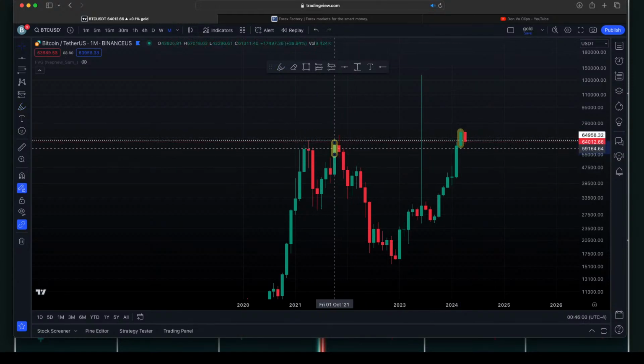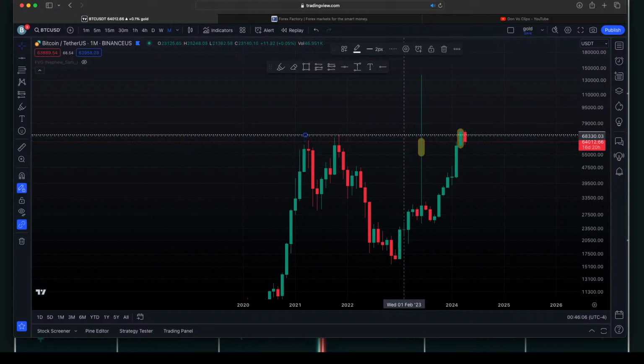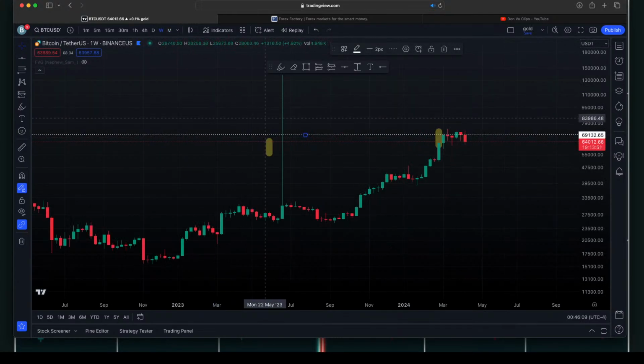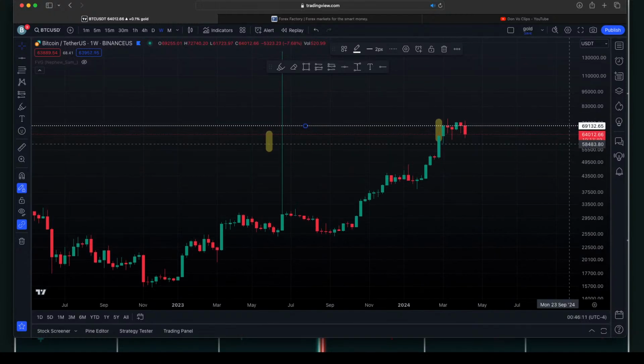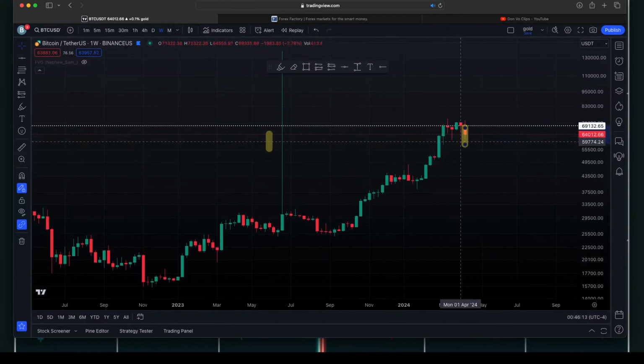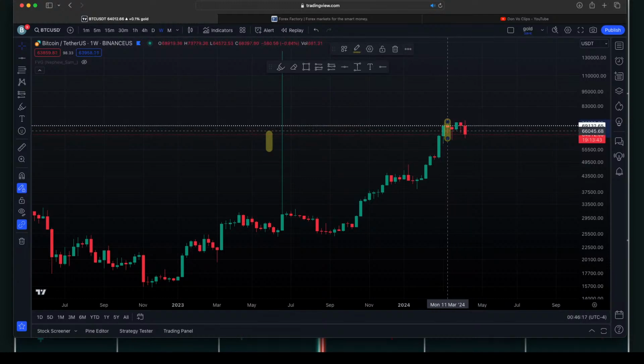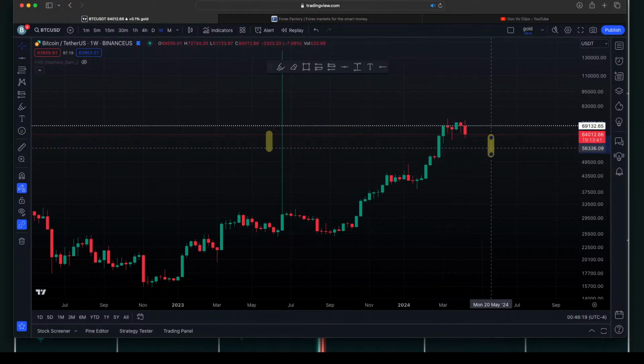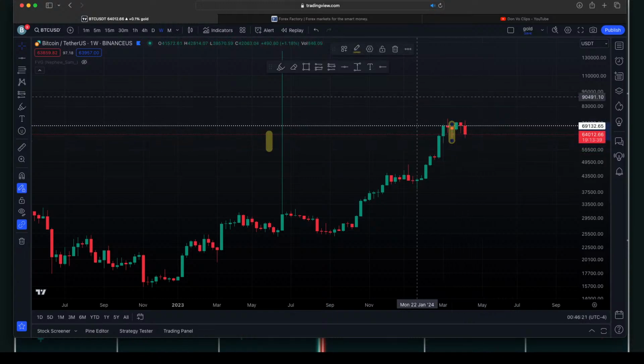Because as you can see, we made a high and then we broke that high. So technically right here, we made a high and we haven't made a new high yet. So I'm wondering if we do need to come back up here before we actually do push down. So we'll have to see.